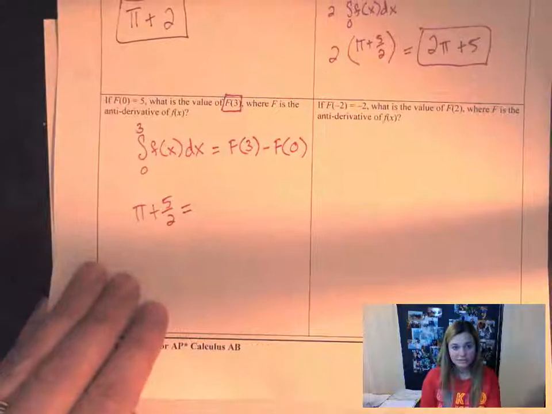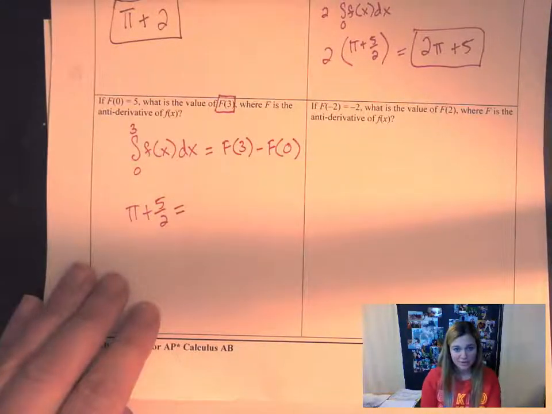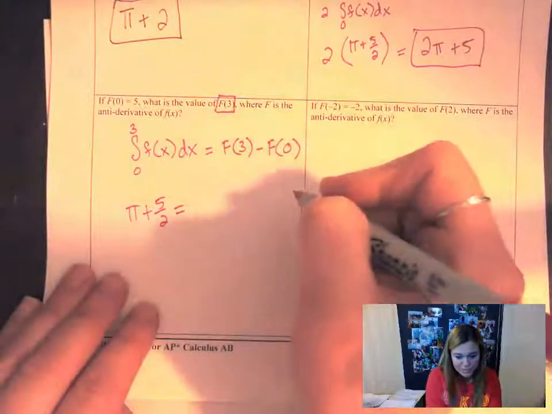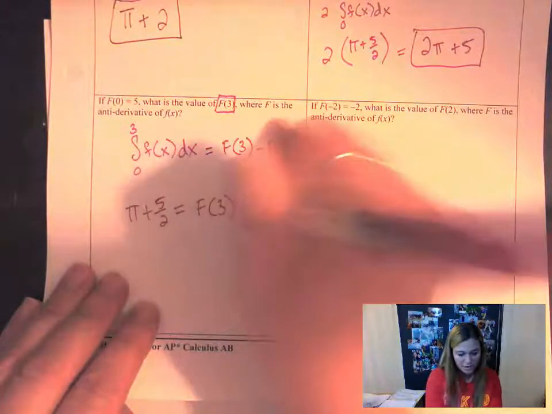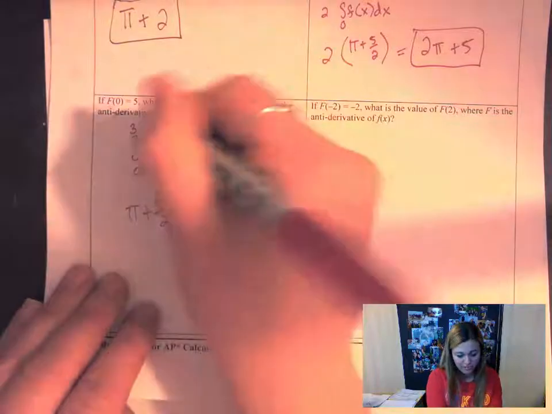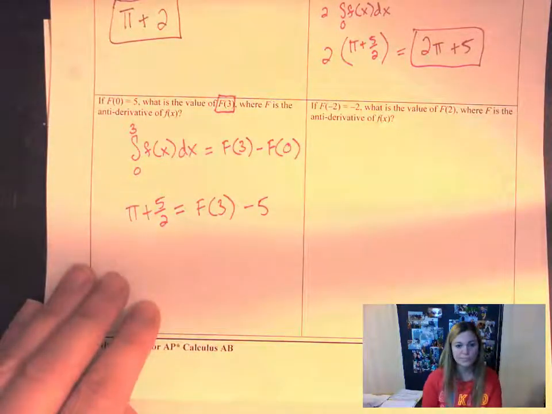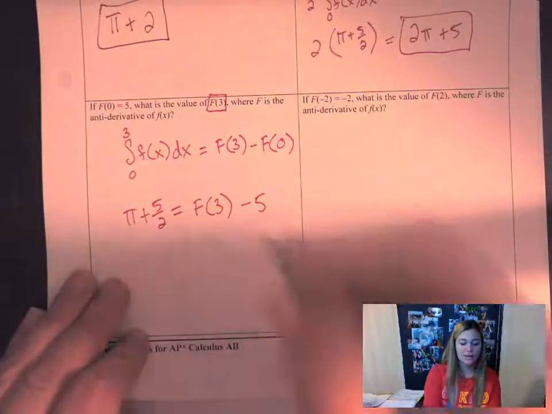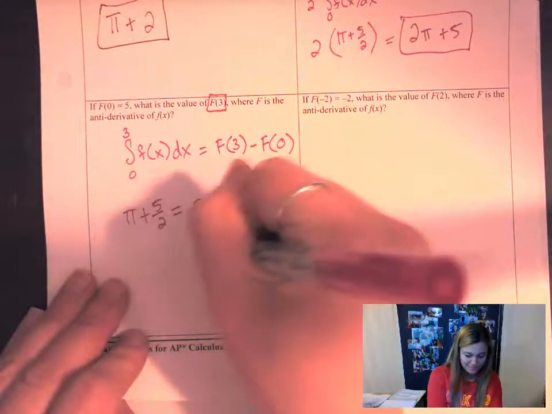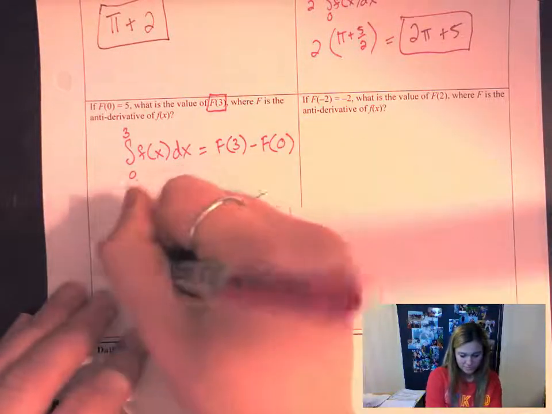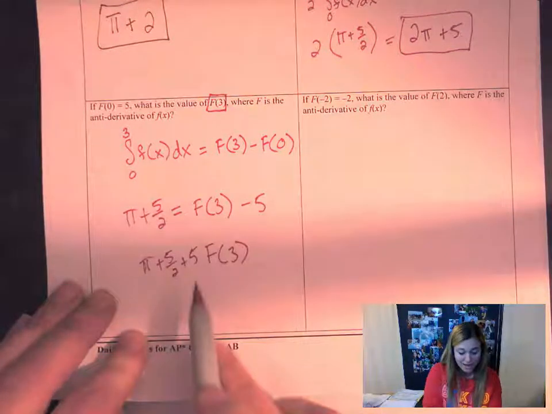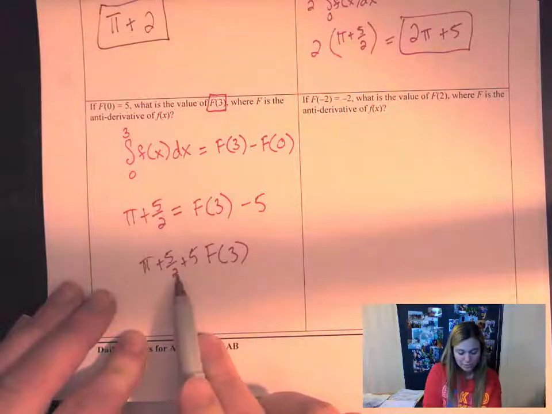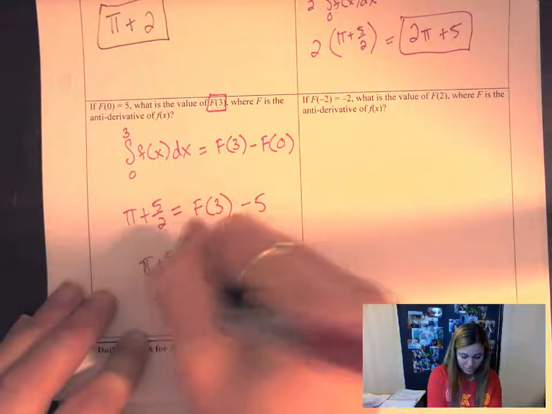On the other side, what do we say F of 3 is? Do we know that one? Oh, we don't know. That's what we're solving for. But I do know F of 0 is 5. Add 5 to both sides. Pi plus 5/2, I'm just writing plus 5 for right now. 5 would be 10/2, so this would be 15/2.